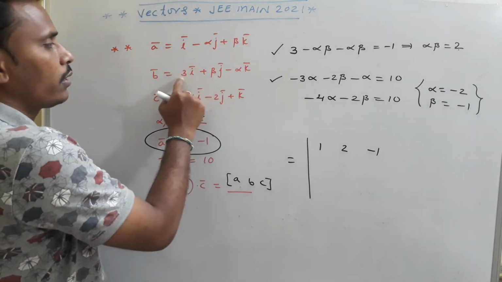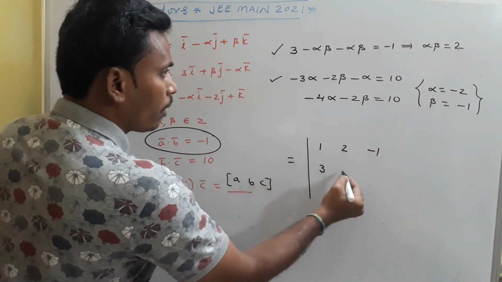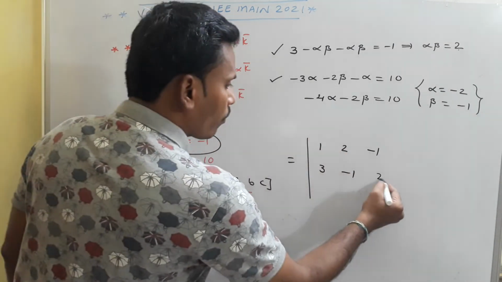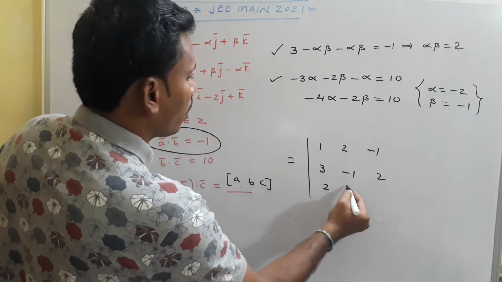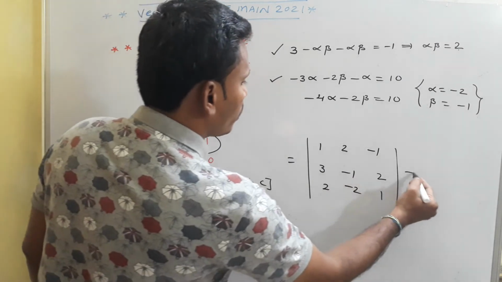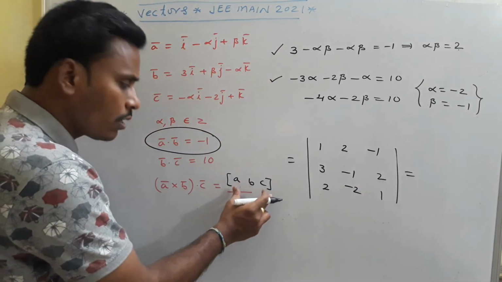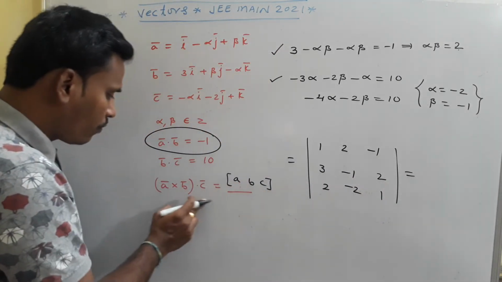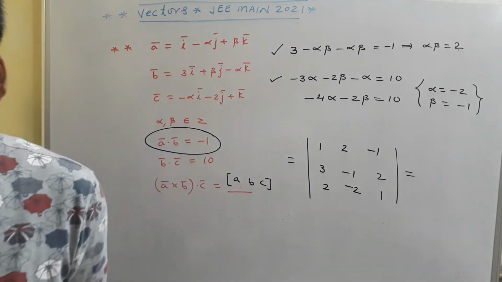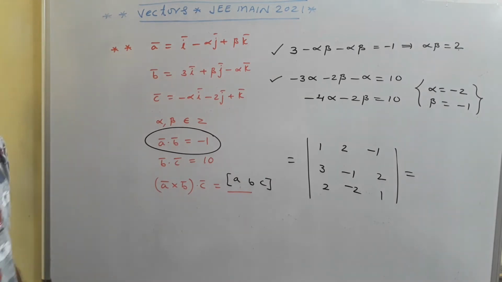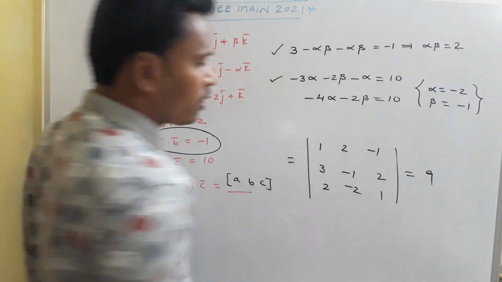Second vector b bar, 3, beta is -1, minus alpha is 2. And the next thing is c bar, minus alpha is 2 and -2 and then 1. This determinant is the box ABC, scalar triple product of three vectors, which is nothing but a cross b dot c, and that determinant is the required value. And on simplification we will get this answer as 9.